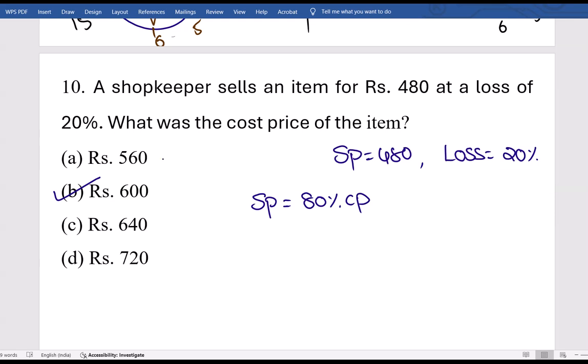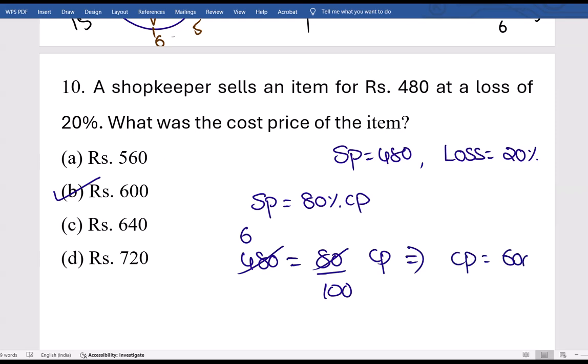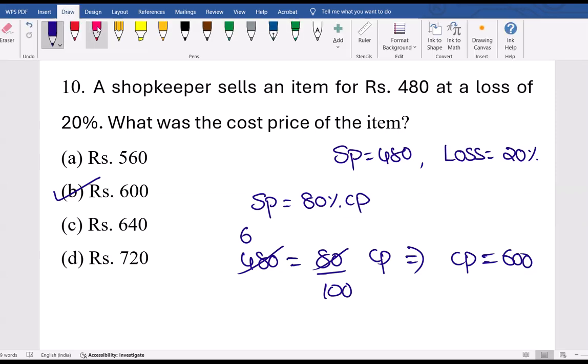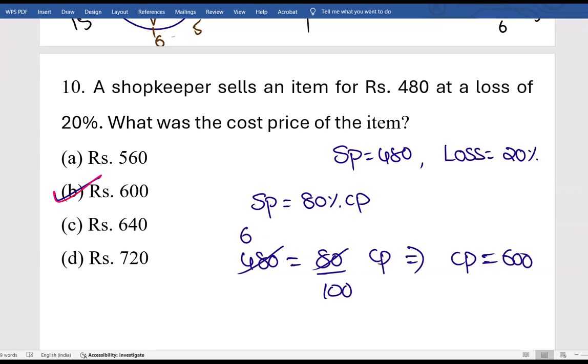If you have 20% profit, selling price is 120% of cost price. If selling price is 480, 80% means 80 divided by 100, so cost price is 480 into 100 by 80. 6 into 100, we got 600 directly. Cost price is equal to 600.